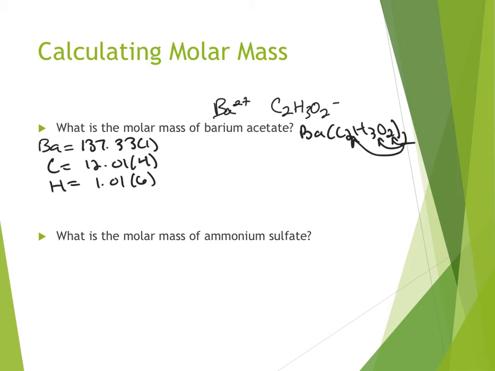There are 6 hydrogens, and then oxygen again is 16, call it 16.00, and there are 4 oxygens. So let me get my calculator going here. This is obviously going to be 137.33. This is going to be 48.04, 6.06, and then 16 times 4 is 64.